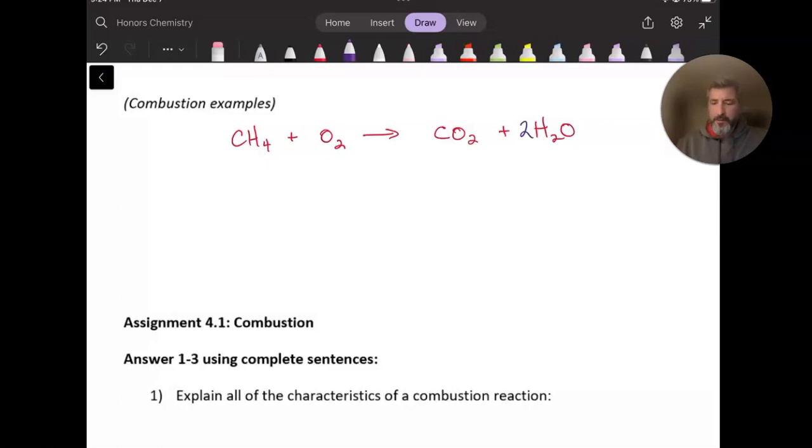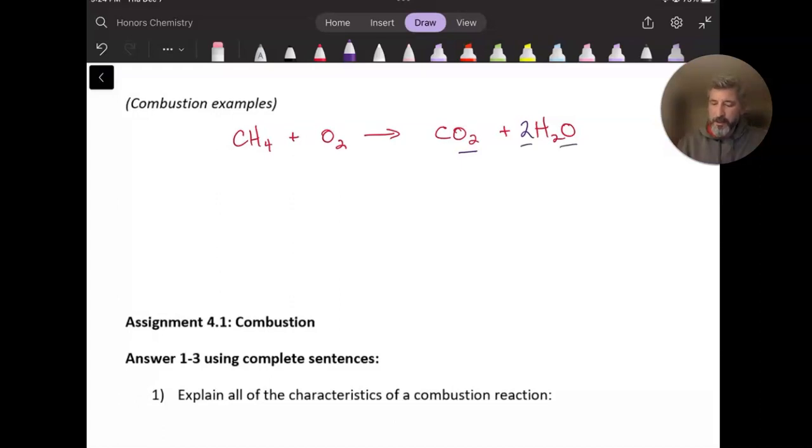And that also gives me 2 oxygens there and then another 2 oxygens there, because we have to multiply the coefficient, which is of course the big number out in front, by the subscript, which is an implied 1 for oxygen. So we have 2 oxygens there as well as 2 oxygens in that CO2 molecule. So that's 4 oxygens. So now I'm just going to go ahead and put a 2 in front of O2 because, of course, if I multiply coefficient by subscript, I get 4.